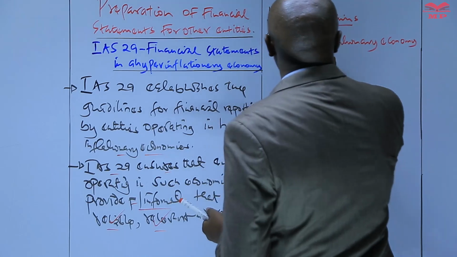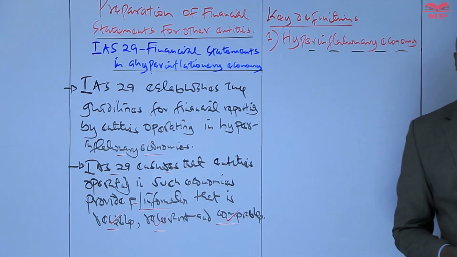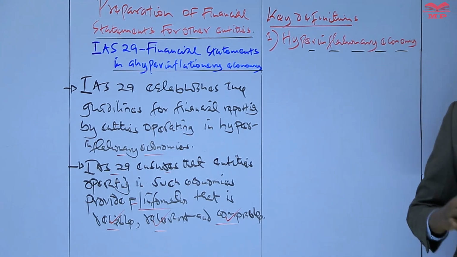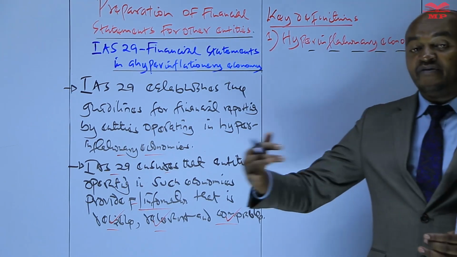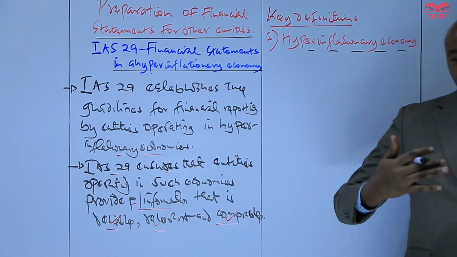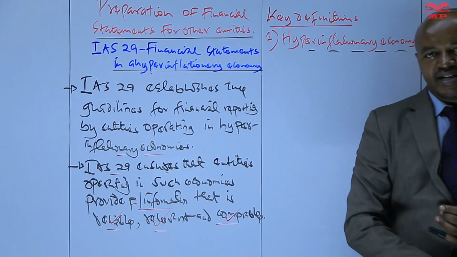Hyperinflationary economy. When we talk about a hyperinflationary economy, this is basically an economy whereby the cumulative inflation over a period of 3 years is approaching or exceeds 100%.